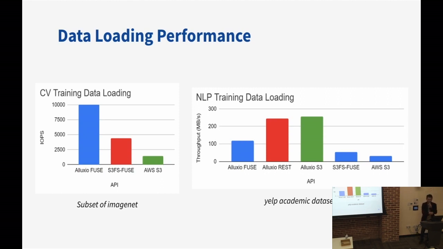I'm showing this chart not to sell Alluxio. I just want to say that for different data patterns, different APIs or different designs can give you very different performance. So that's why we should think about the traffic pattern first. We should know the traffic pattern from a running system and select the right API.